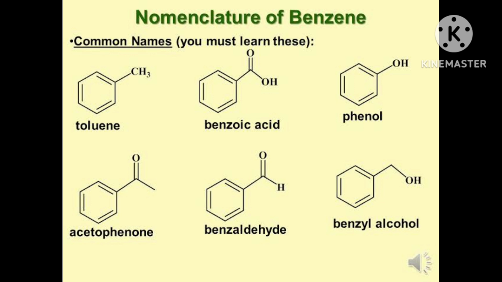In some cases, the common name of the benzene derivative is taken as the base compound. Okay, I am telling you an example. The substituent of the base compound is assigned number 1, and then the direction of numbering is chosen such that the next substituent gets the lowest number.